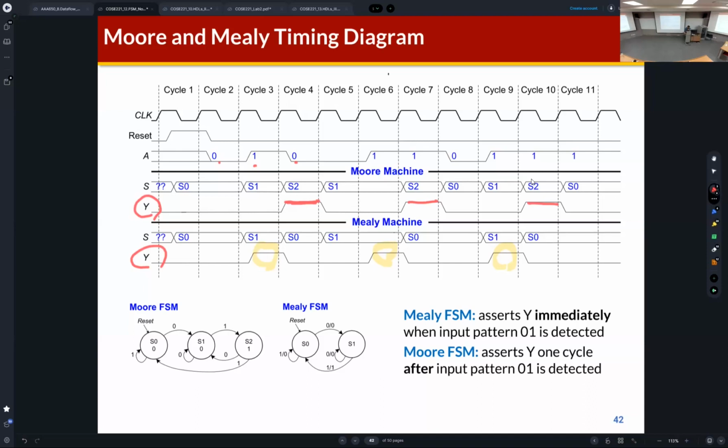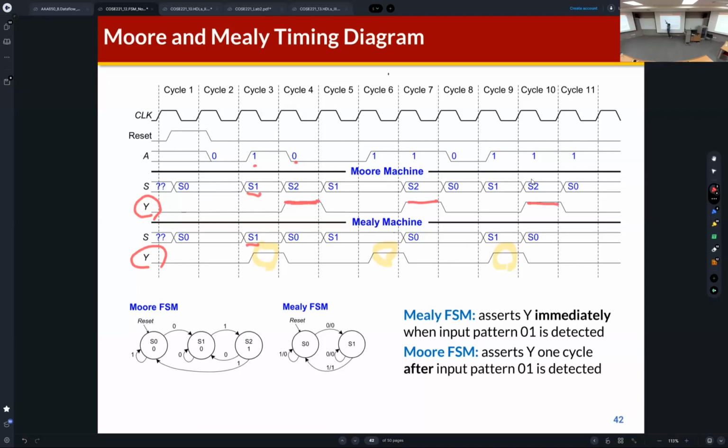So why? If a number 0 is received by this module, then it goes to the state ready for detecting 1. Actually, it goes to S1. Okay, ready for detecting 1.